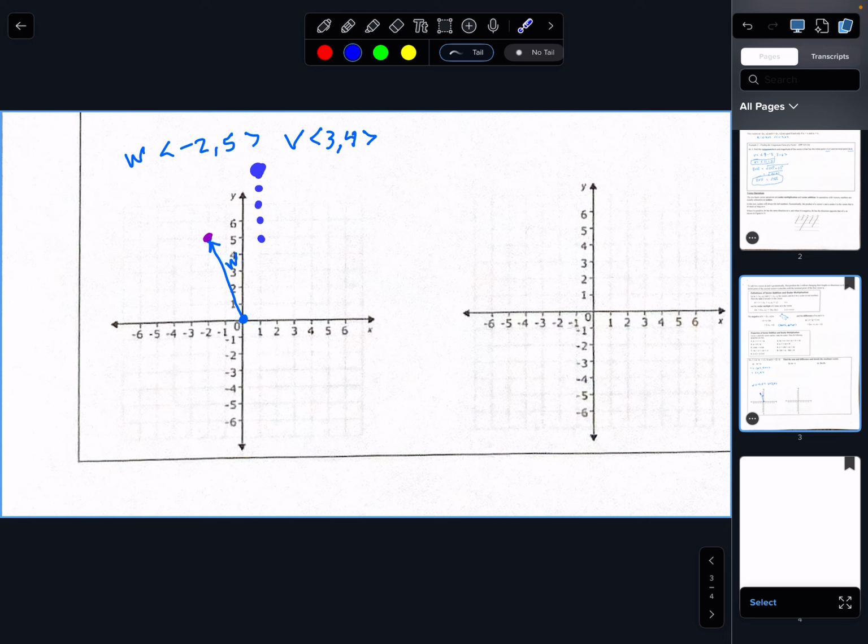And we're going to end up about there. So to the right 1, 2, 3, and up 1, 2, 3, 4 puts me about right here. And that is vector V.